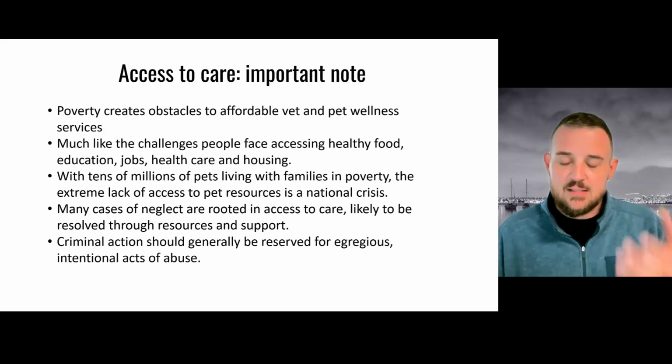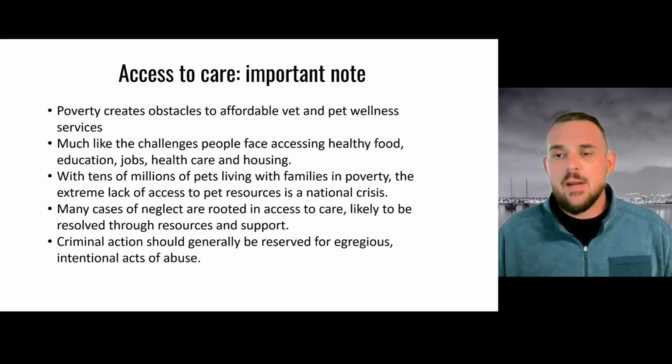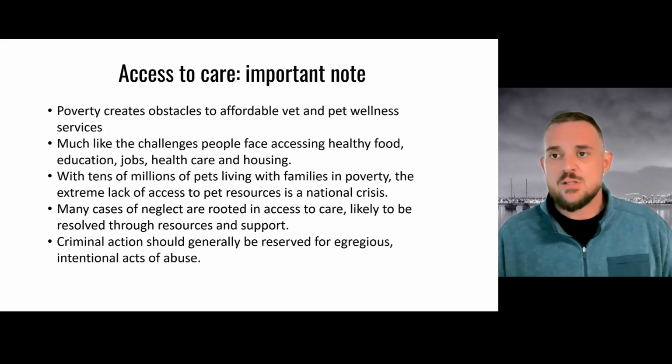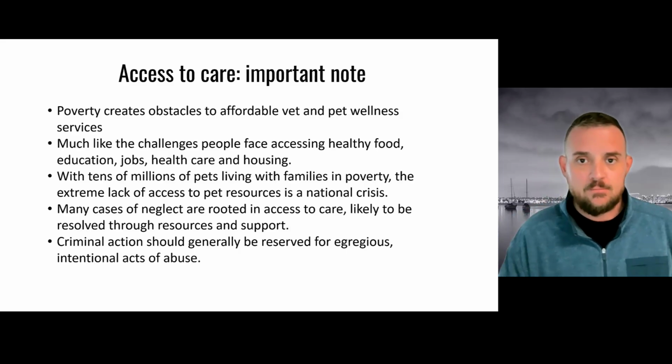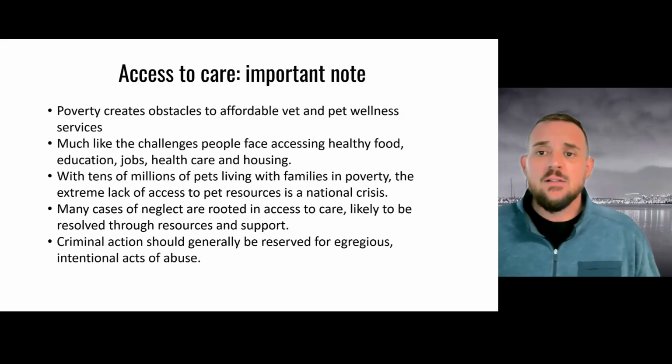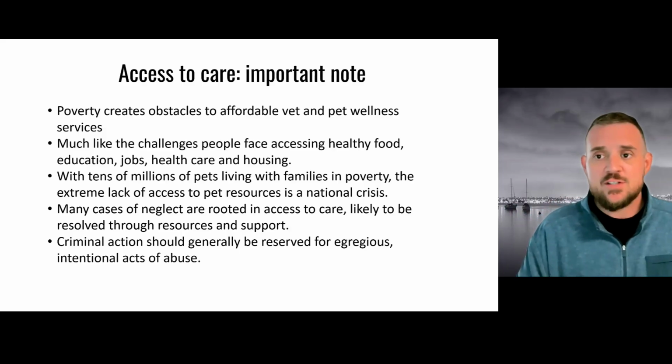I talk about this concept a lot, but there is a major difference when someone can't do something and when someone won't do something. And we need to work through figuring out where we're at with someone before we decide to start involving legal action against them. So access to care in a nutshell, our world is getting more expensive.